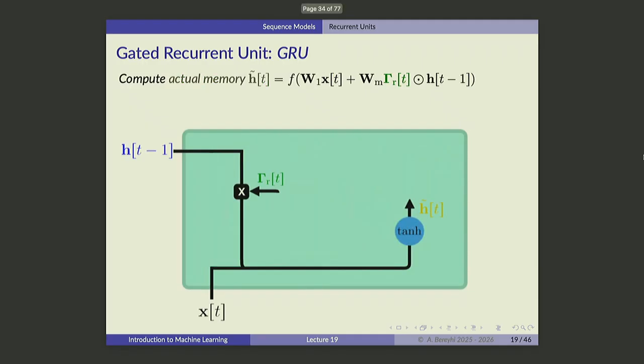Now, if I want to compute the output, first I get this hidden state and multiply the reset gate with that previous memory, the previous features I computed. If I set the reset gate to 0, if I close that gate, what's going to happen? Exactly. The previous state is going to get forgotten.